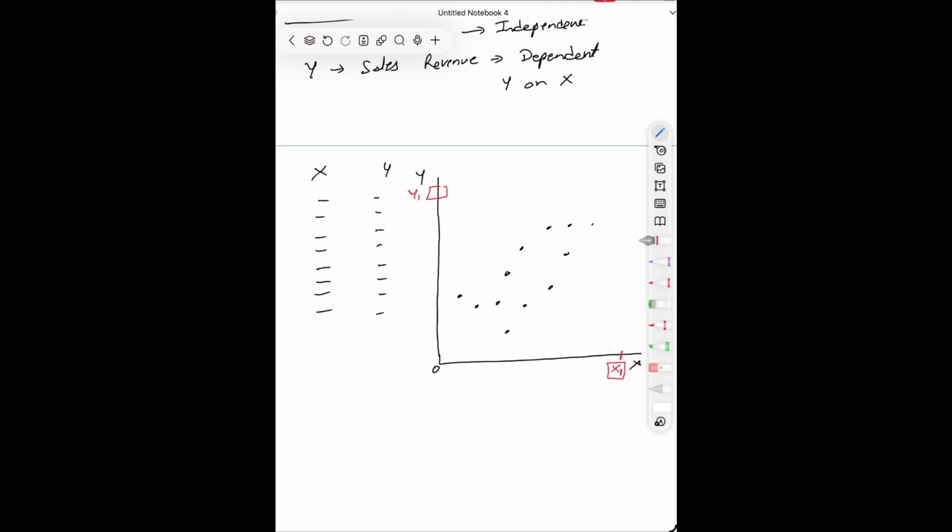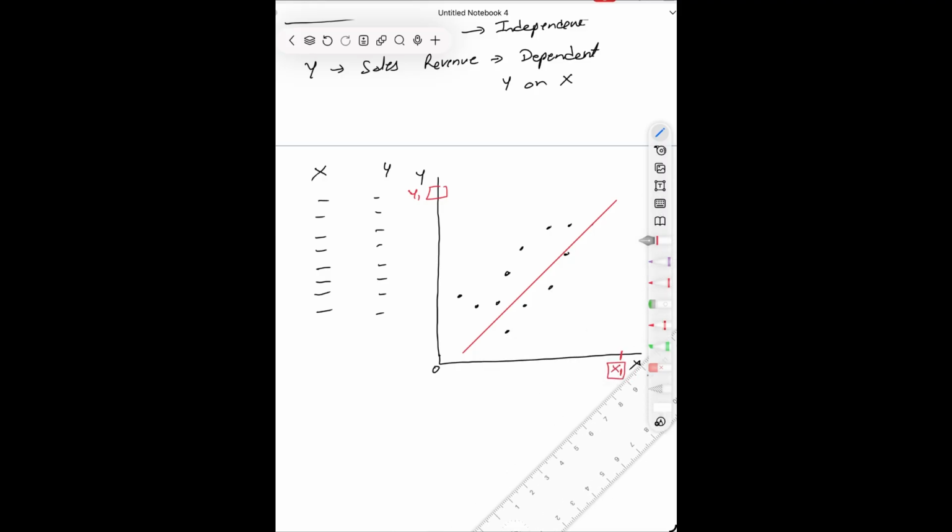But to find out the exact value of y1, we have to apply the regression equation. So with the help of regression equation, we would be able to plot a line between these two variables. So this line might be, say, this one.